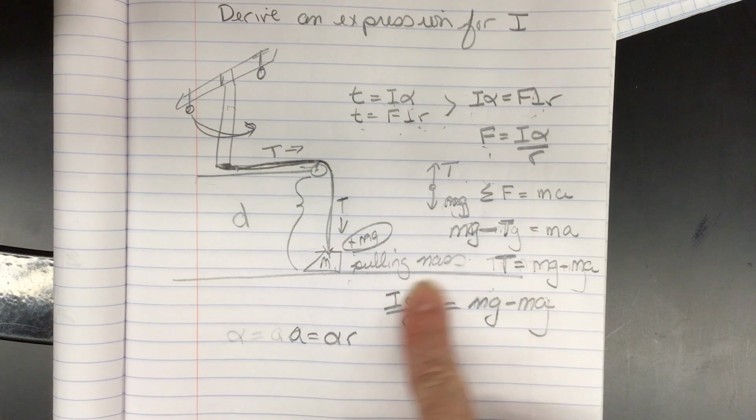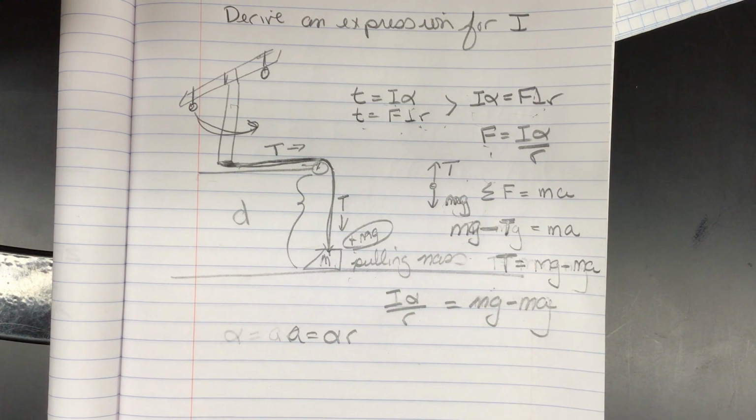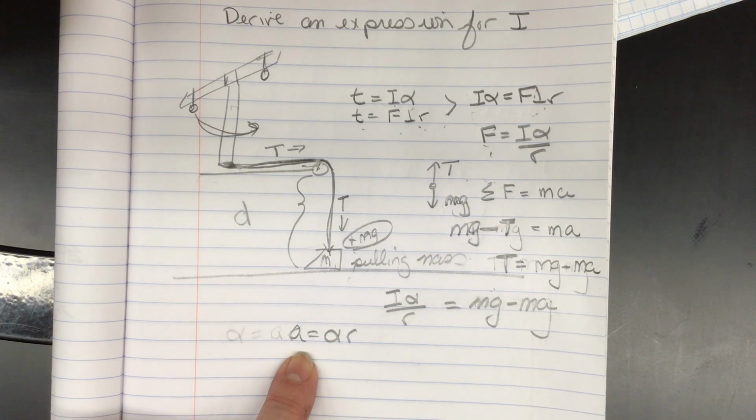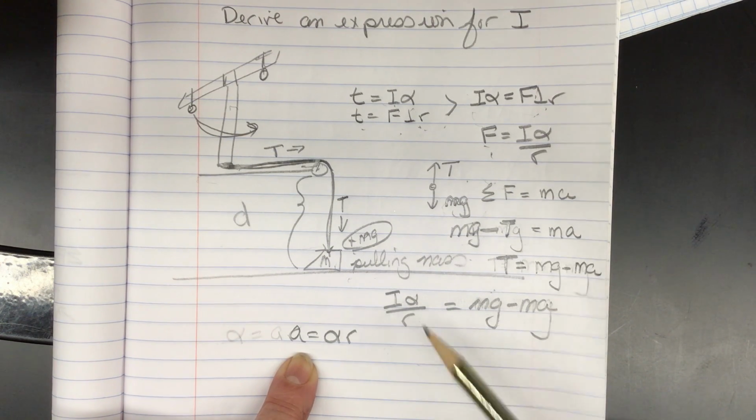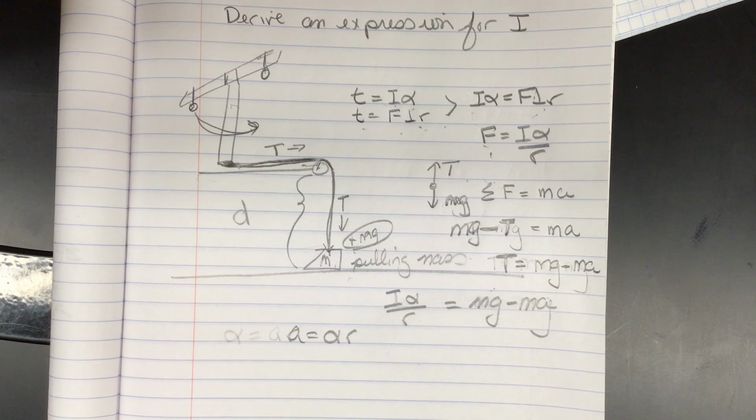And now I have two different types of accelerations, and I need to use the linking formula in order to get rid of angular acceleration and just get it down to linear acceleration. Once I do that, I'll be able to calculate the moment of inertia.